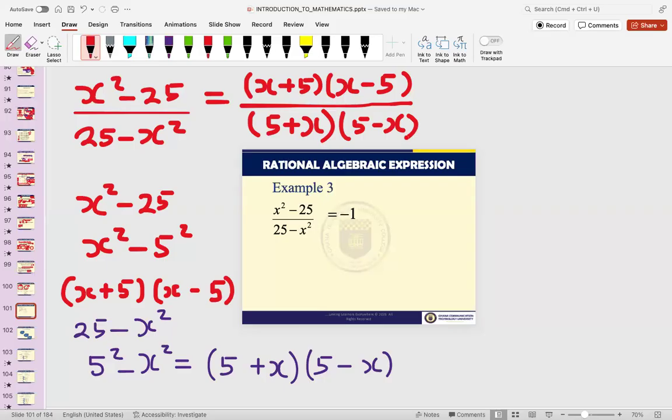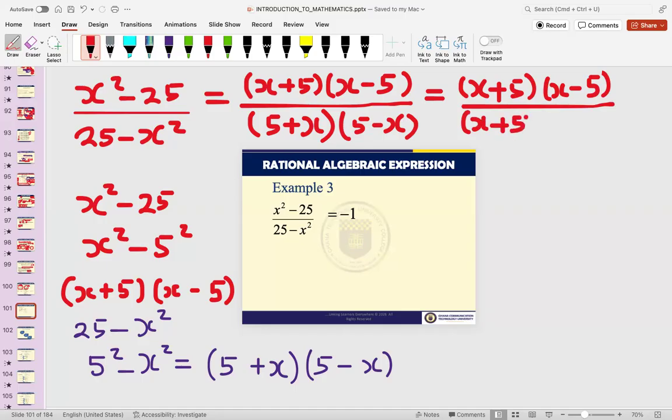And let's see whether we can do something. x plus 5, 5 plus x is the same thing. So we can rewrite this one to look like this. So we have x plus 5 into x minus 5 divided by 5 plus x, which is the same as x plus 5, into 5 minus x.